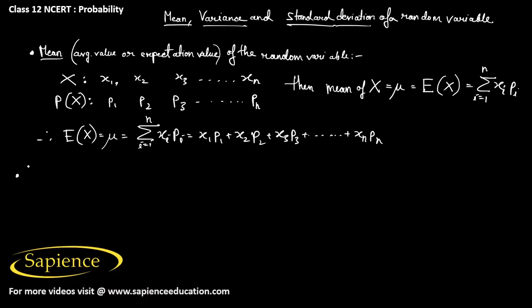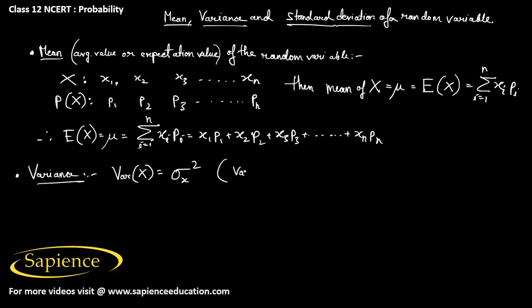And then the next is, what is meant by variance. The variance of a random variable is represented by variance of x, written as sigma x square.